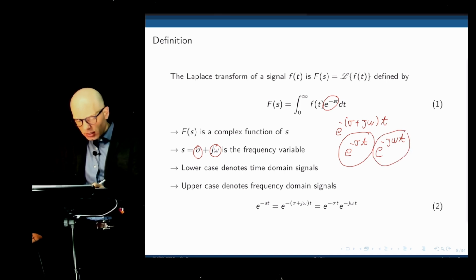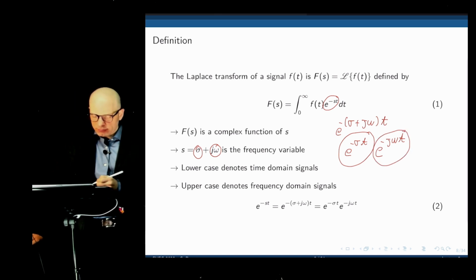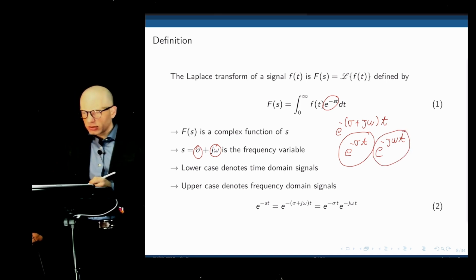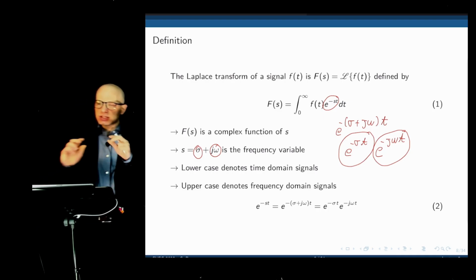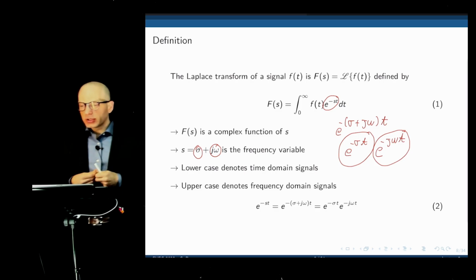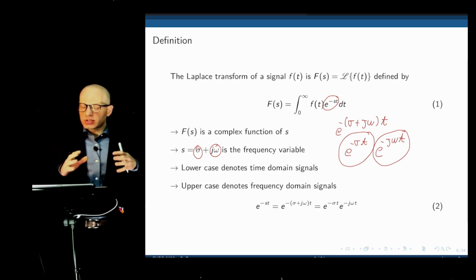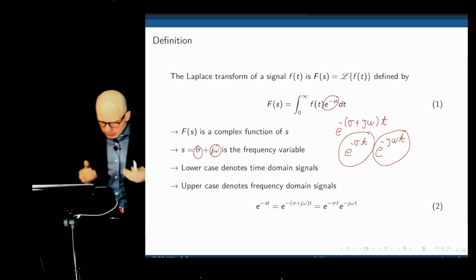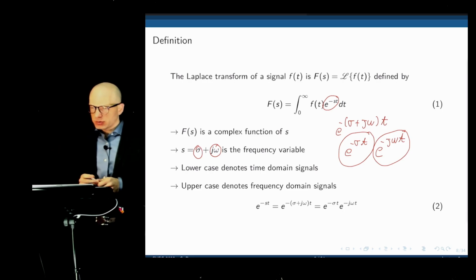And this is a sinusoidal waveform, cosine of omega t minus j sine of omega t. So what are we doing here? This signal, exponential of negative st, has two components. One component that corresponds to exponential waveforms, and another component that corresponds to sinusoidal waveforms.